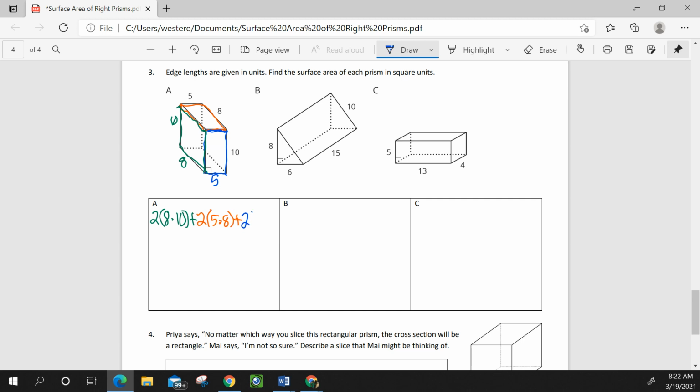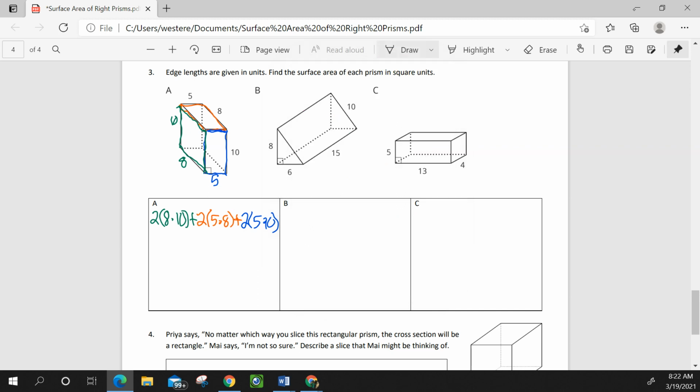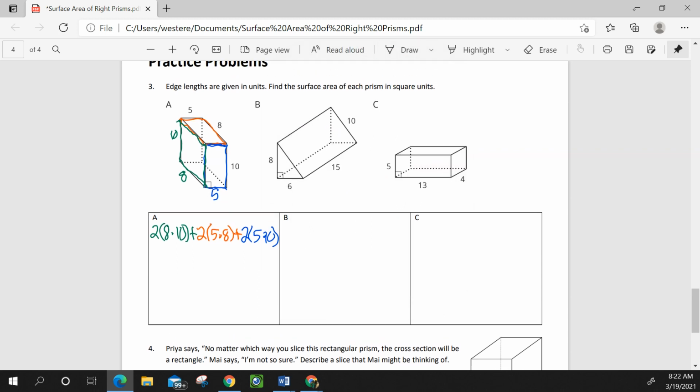So it's 2 times 5 times 10. So 8 times 10 is 80, so 160. Oops. A different color here. 5 times 8 is 40, times 2 is 80. 5 times 10 is 50, times 2 is 100.